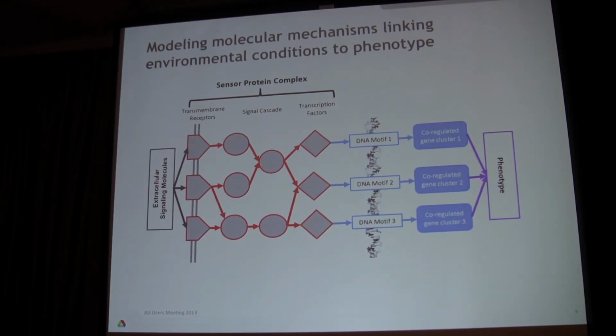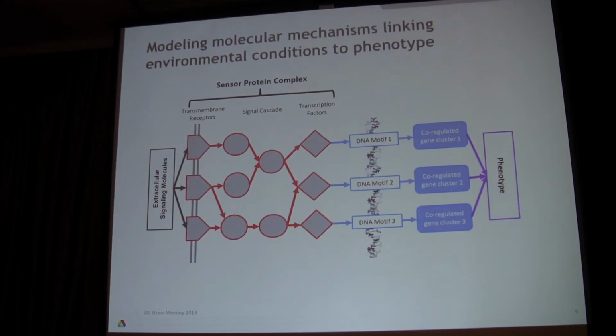This is the chassis on which we're going to hang all of our subsequent analysis. The specific molecular mechanisms by which specific signaling molecules in the extracellular environment are detected by transmembrane receptors. The information of that protein-ligand binding is relayed to the nucleus by a signal cascade through specific physical changes in these cascade proteins.